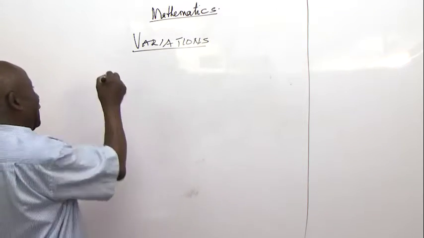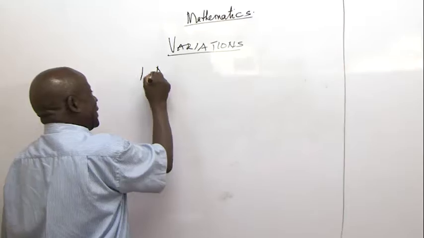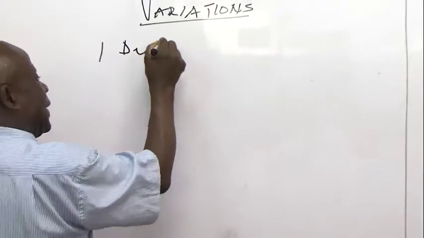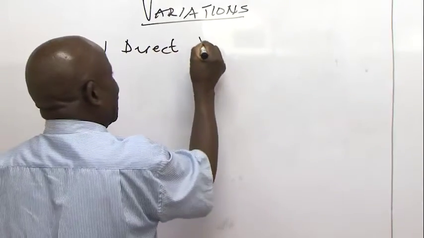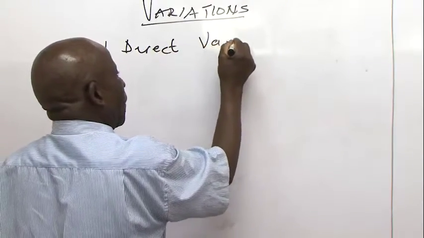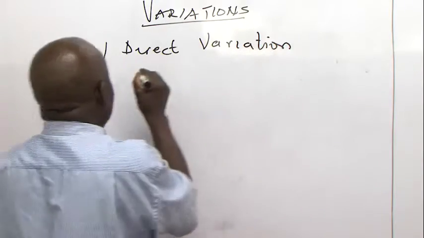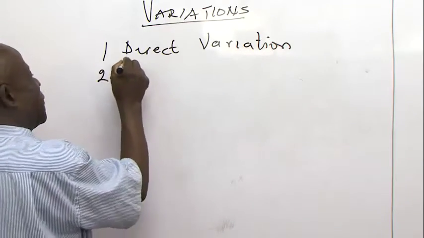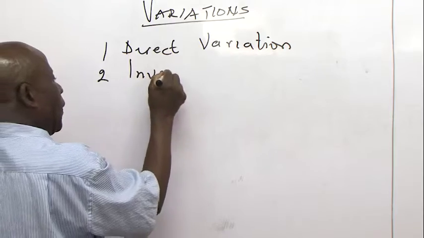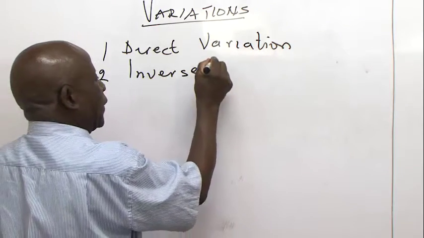The first one is direct variation. The second one is inverse variation.